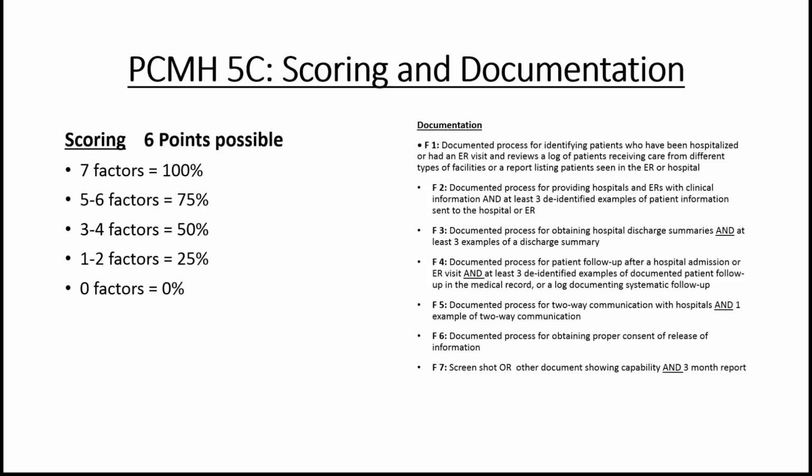And then your documentation, as I mentioned, a documented process for all but factor 7, which again is our meaningful use requirement. So that 3-month report and either a screenshot or some other document showing capability for that factor. But the rest you can see there, the documented process and 1 to 3 examples of how that process is followed through in the practice.